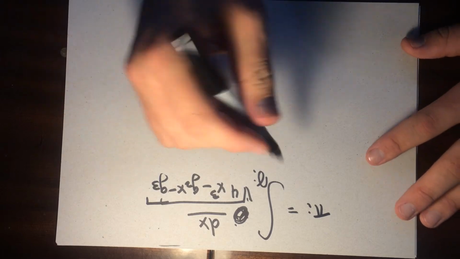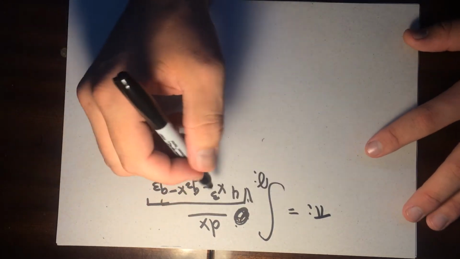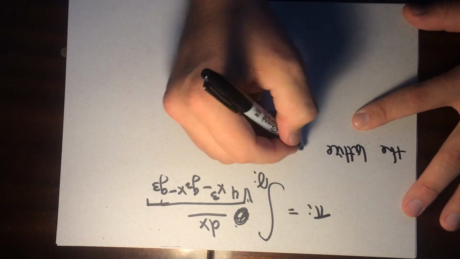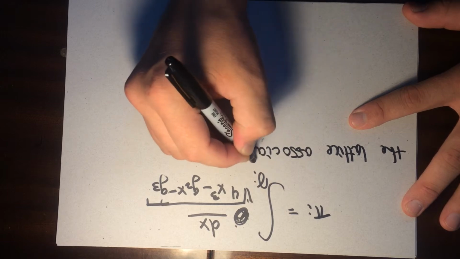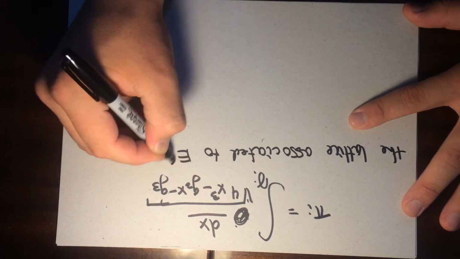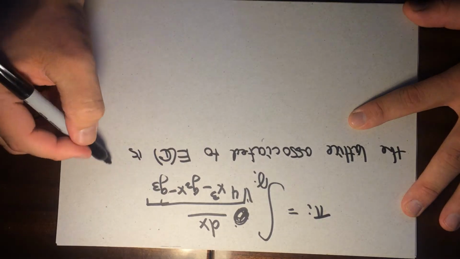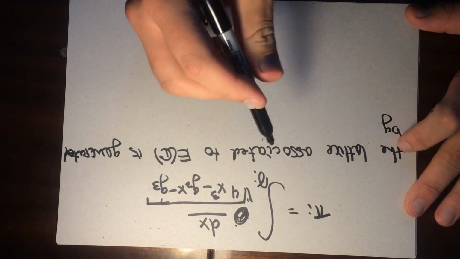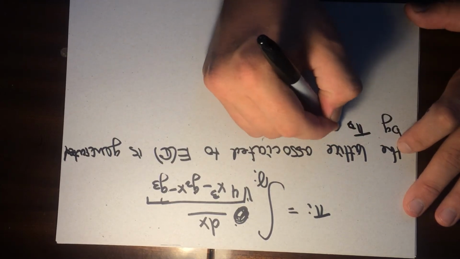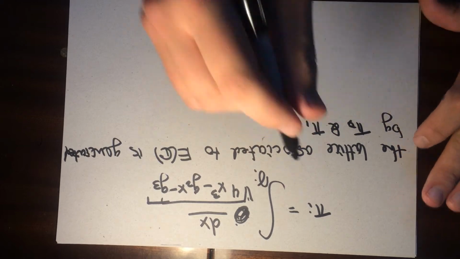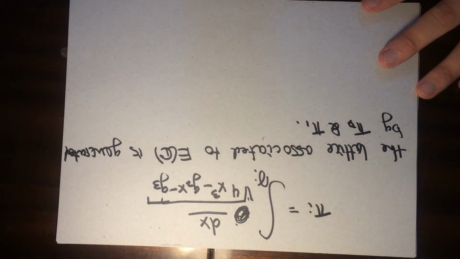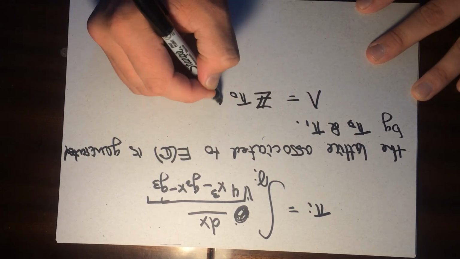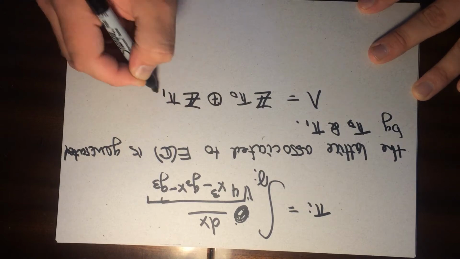Okay, so these are the period integrals, and so these are the periods, and then the lattice associated to E is generated by pi 0 and pi 1. And so these elements are in here. So this is the lambda. So lambda is equal to z pi 0 plus z pi 1. Okay, and these are the periods.